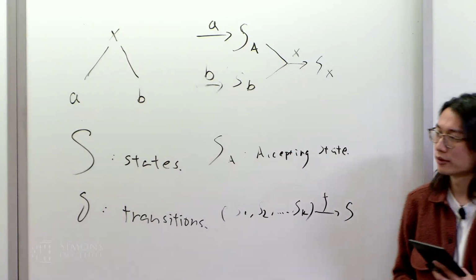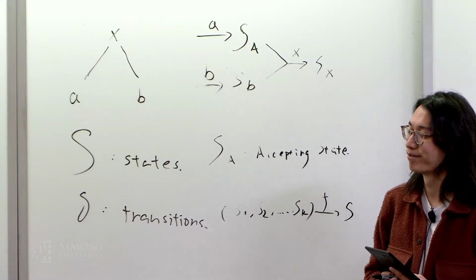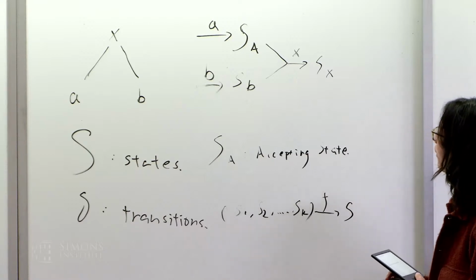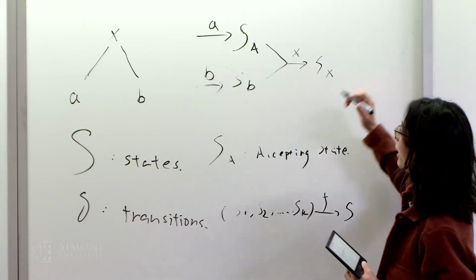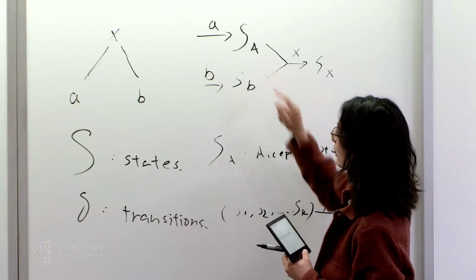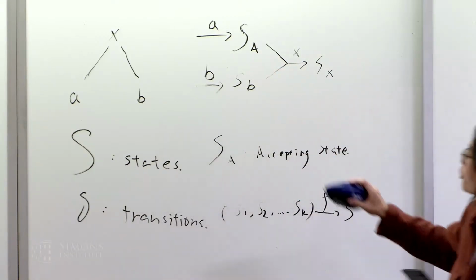Clarification. Is there an accepting state on the board right now? If not, is capital A a bug? Yeah, that's right. So this should be little a.